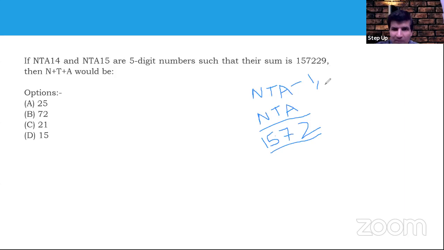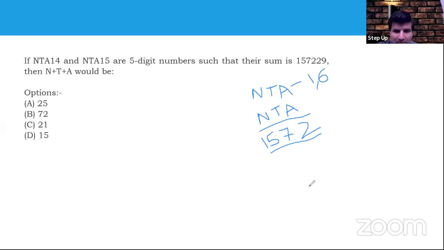That means the number A could also be 6, because 6 plus 6 is 12, so I can put 2 here and 1 could go as carry. So A could be 1 and 6. Can it be 7? No, 7 plus 7 is 14. 8 plus 8, 16. 9 plus 9, 18. And of course it cannot be 10. So A can be either 1 or 6, correct?